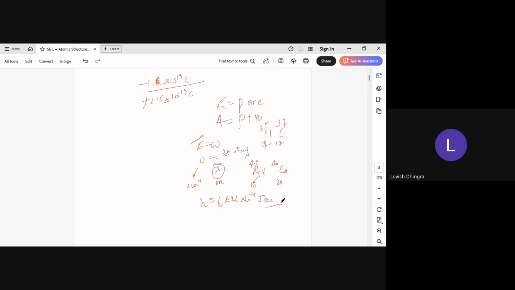Only then will the electron be ejected from the surface, and that electron will acquire kinetic energy.